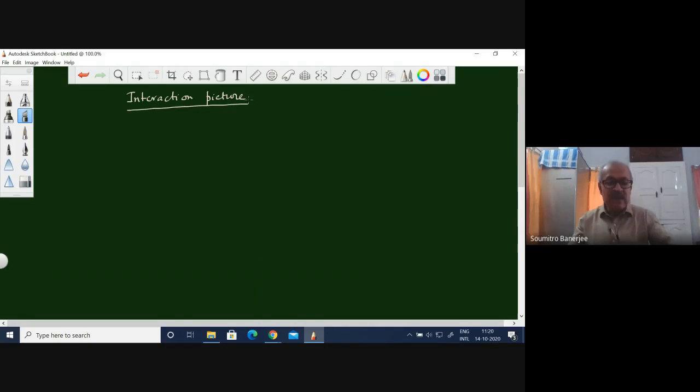Well, you might have a question regarding when you use the Schrodinger picture and Heisenberg picture and all that. Schrodinger picture is something that you have been using most of the time. Next semester, probably you will get more opportunity to use the Heisenberg picture and the interaction picture.